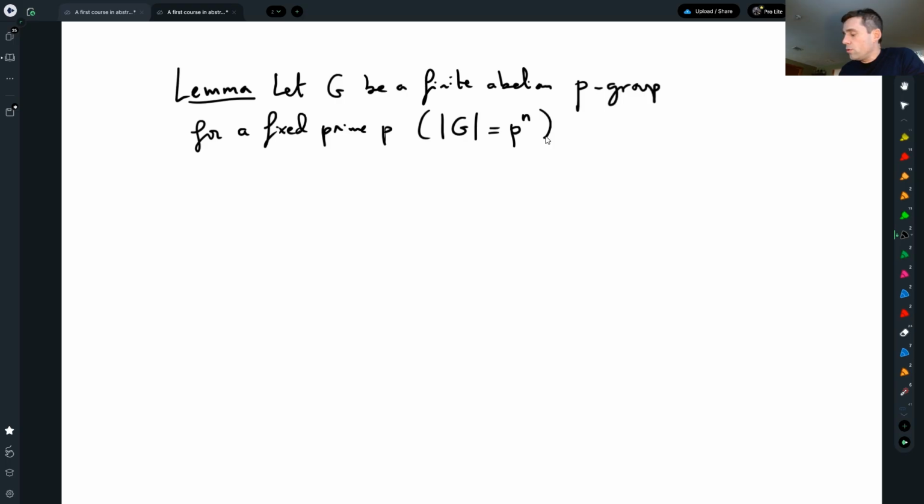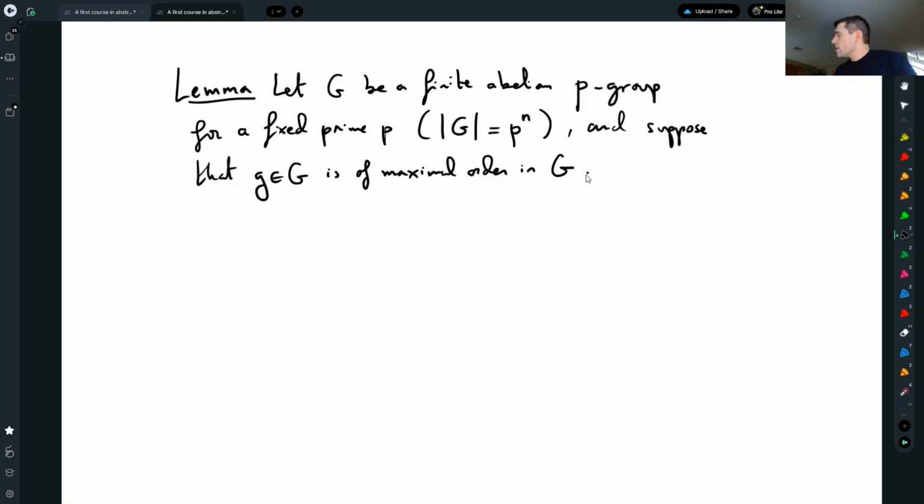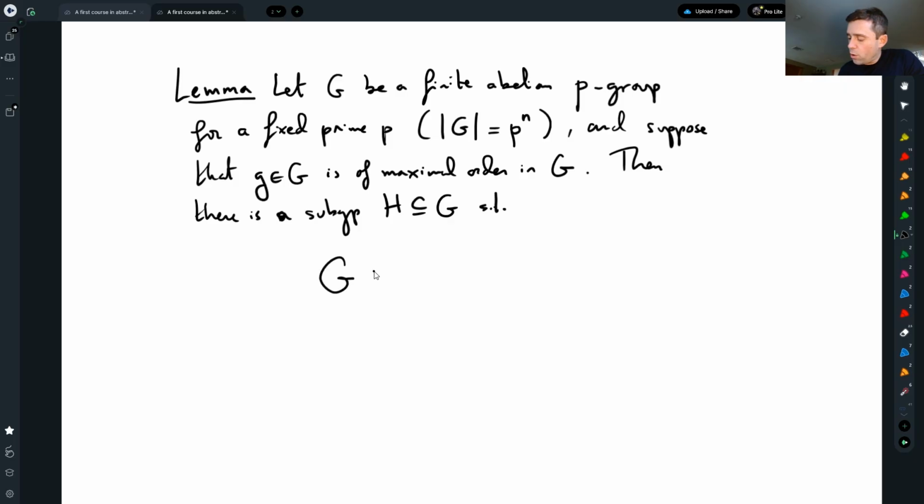And suppose that g in G is of maximal order in G. Then there is a subgroup H of G such that G is isomorphic to the group generated by g cross H.